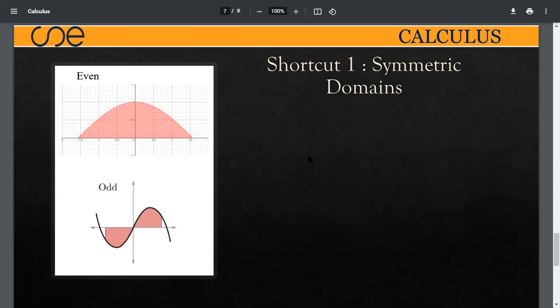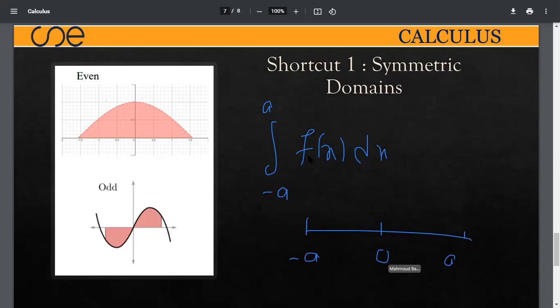If my domain of integration is from -a to a of f(x) dx, where a is whatever value you want, except 0, of course: from -1 to 1, from -1 to 100, from -2 to 2, from -infinity to +infinity. This domain is symmetric. I have -a, I have a, and I have 0. So it's symmetric around 0.